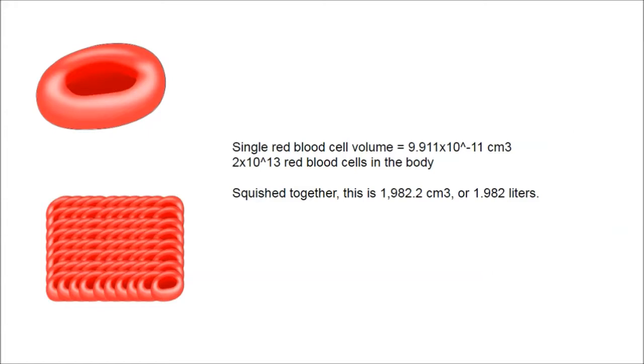And with the information that there's about 2 times 10 to the 13th red blood cells in the body, if you were to squish all the red blood cells together individually, not including plasma or anything else, this would take up about 1,982 cubic centimeters, or 1.982 liters of space.